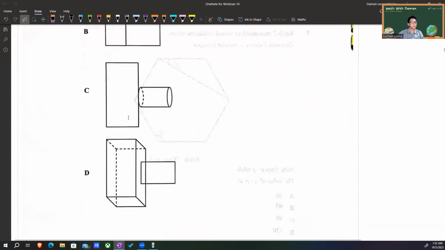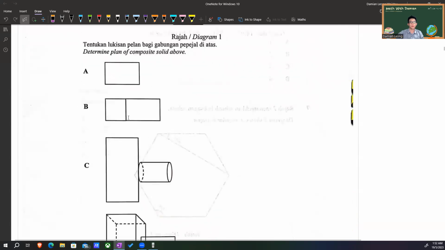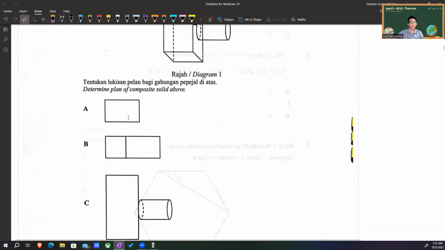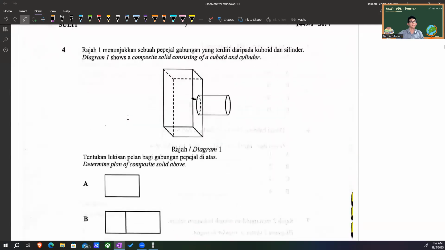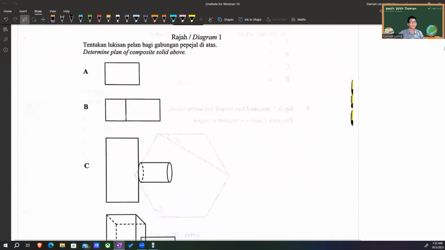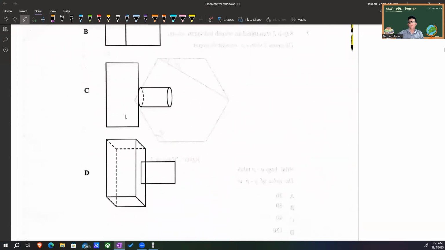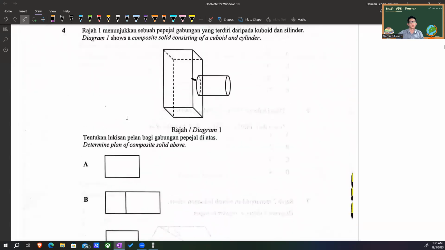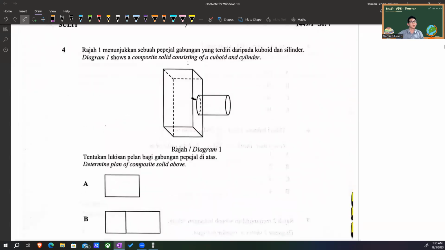This is weird. None of these is the composite's plan view. Something is wrong with this question actually.